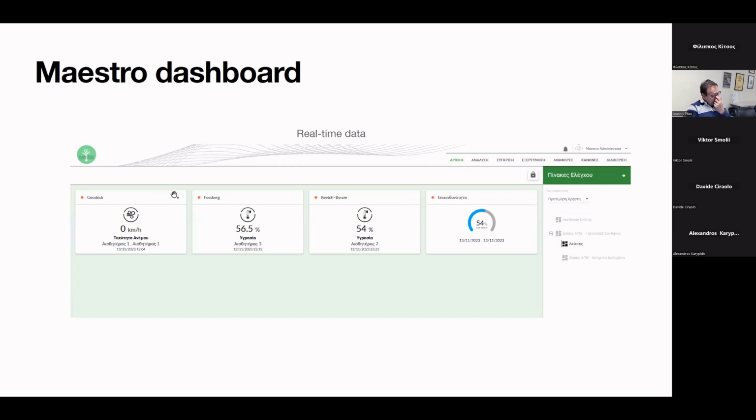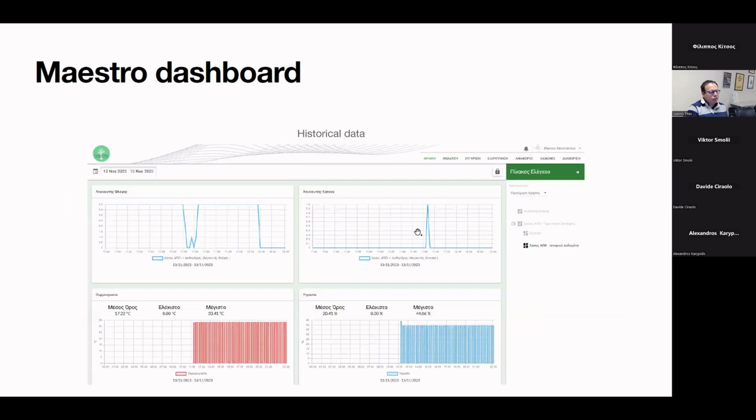You can see here some screenshots of the dashboard. You can see here measurements of the wind speed, measurements of the humidity here, and what you see on the right is the risk estimate based on the Fosberg indicator.